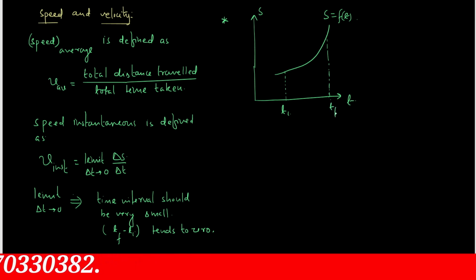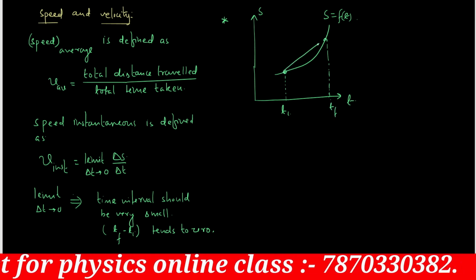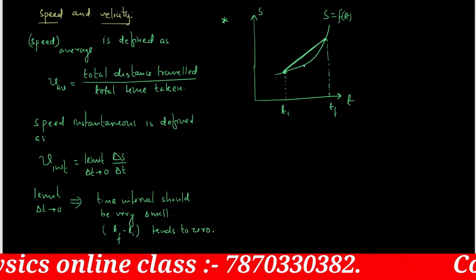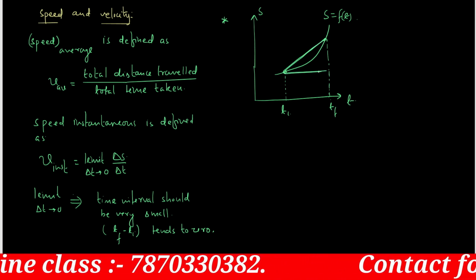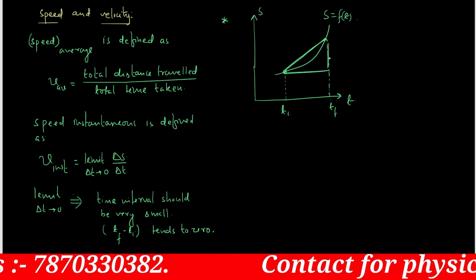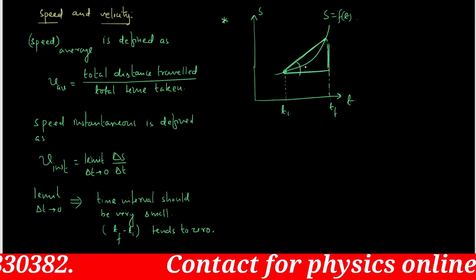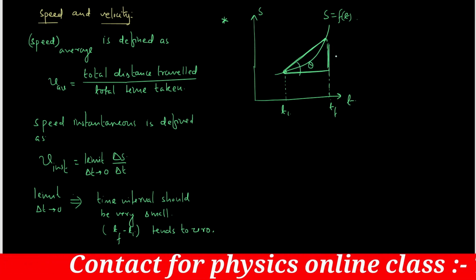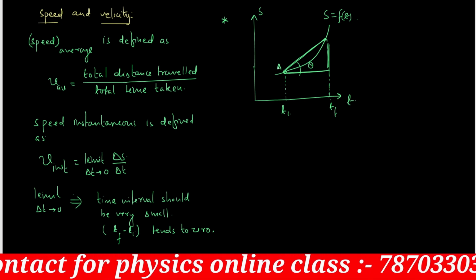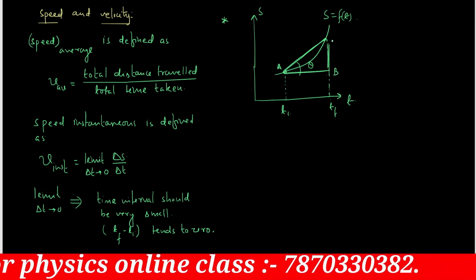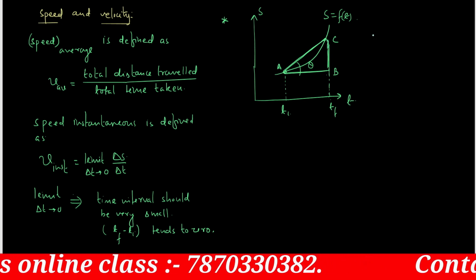The line connecting the two points is a chord. Suppose this angle is theta, and this is point A, this point B, and this point C.